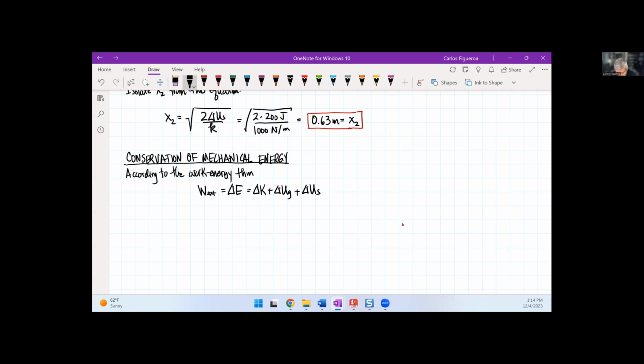So what that means here is that if I isolate an object, and this is what we mean by isolating an object. I have an object, and for the sake of argument, let's say that this object is a block.